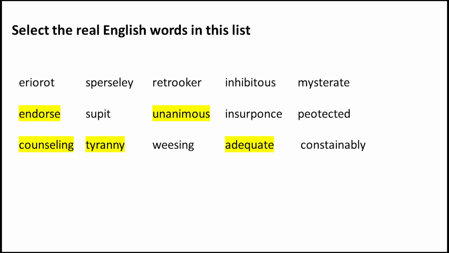Counseling is a noun, and it means advice or support. Tyranny is a noun, and it means cruel or unfair treatment by someone or more than one person in power. And adequate is an adjective, and it means enough, that you have what you need.